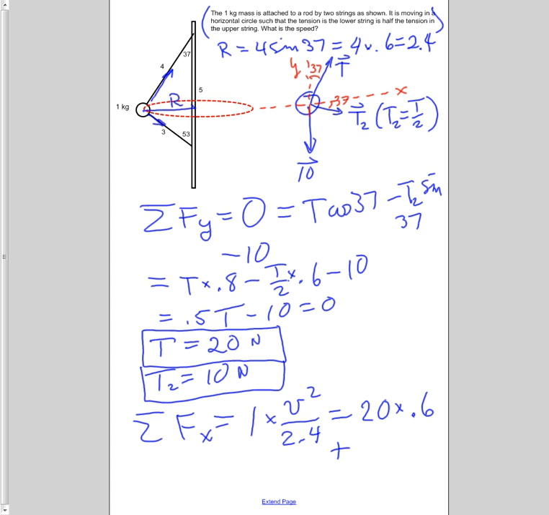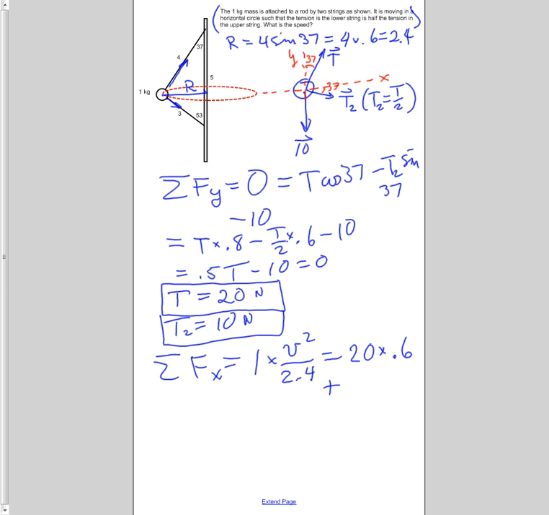And we also have T2, which we found is 10 times the cosine of 37, which is 0.8.